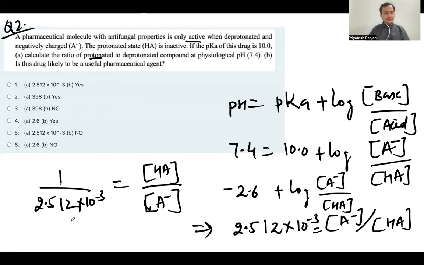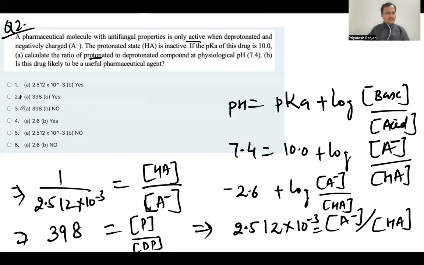So if we solve it, you will get a value which is close to 398. The ratio of protonated to deprotonated is going to be 398. Which are the options where we can see 398? This one and this one.